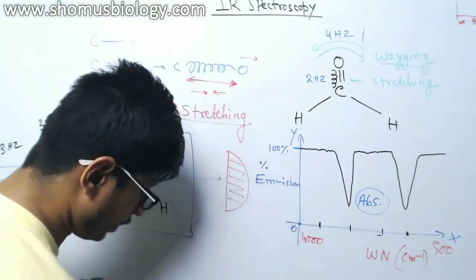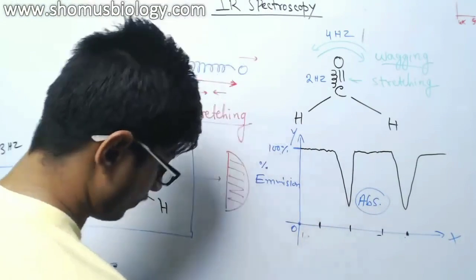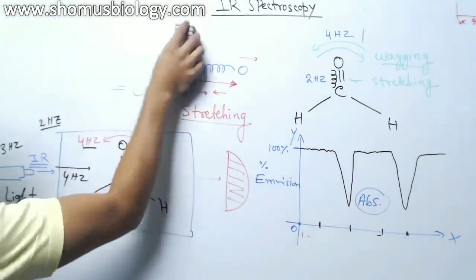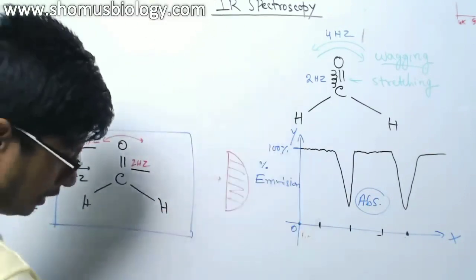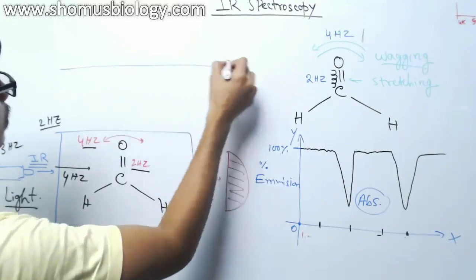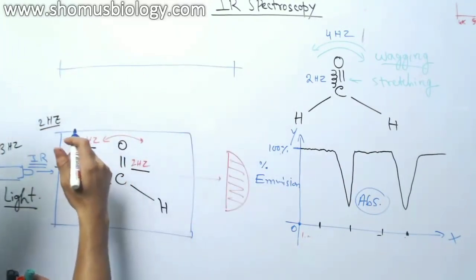Let me erase this one, and let's say we are talking about the graph and the data about the wave number for the infrared.